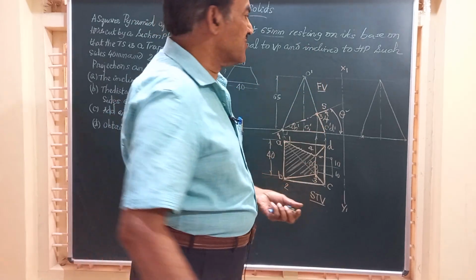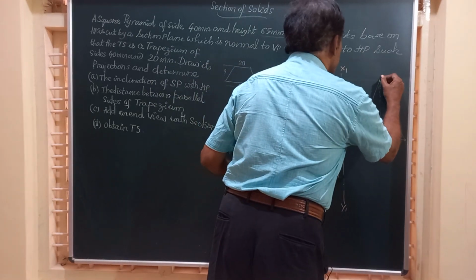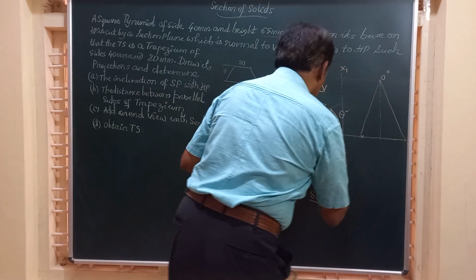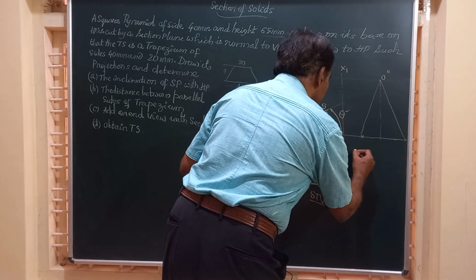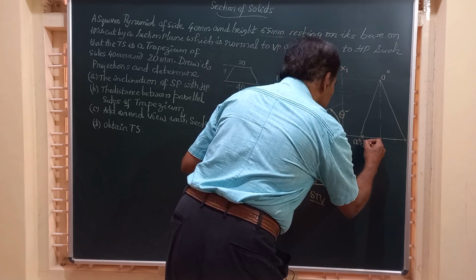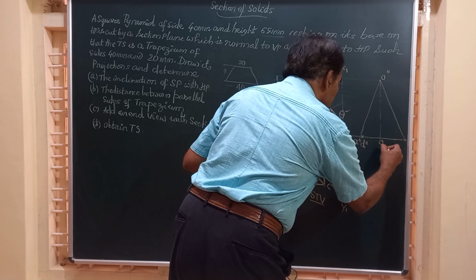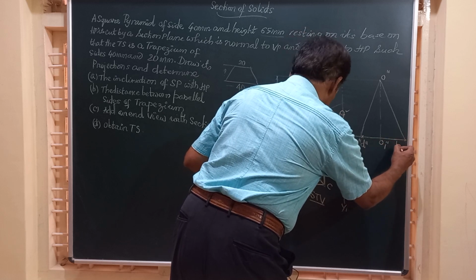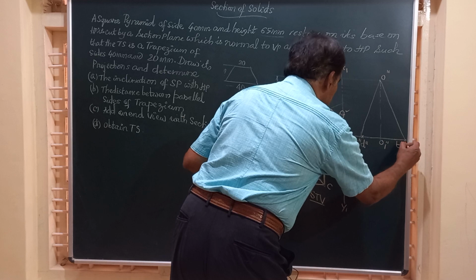That is an isosceles triangle. So I'll mark this as O double dash and this point as AD. If you transfer them, this is going to be A double dash, D double dash. This is O1 double dash. This is B double dash, C double dash.